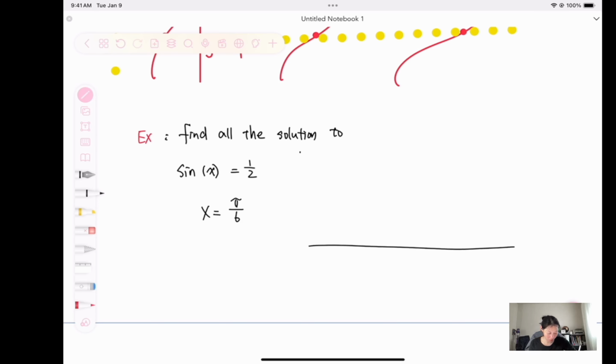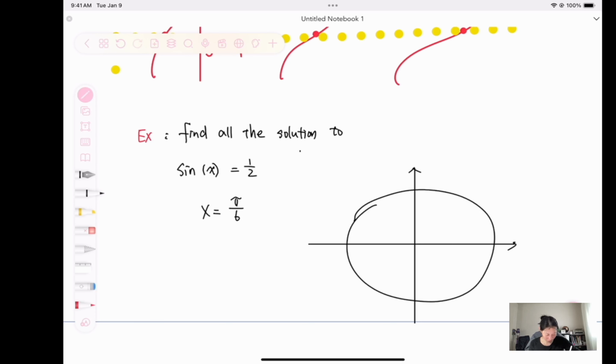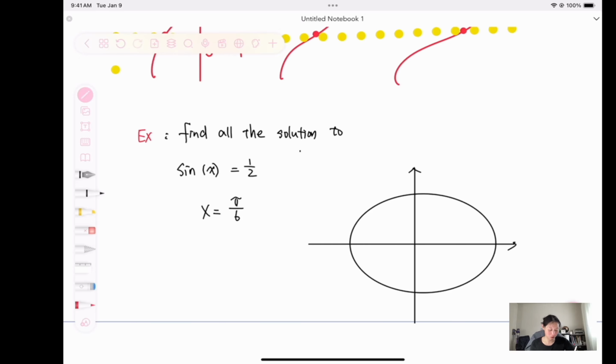Now let's look at the graph. We have a unit circle, and let me draw a nicer one. We have a unit circle, and then here is 30 degrees, and that is our one solution.